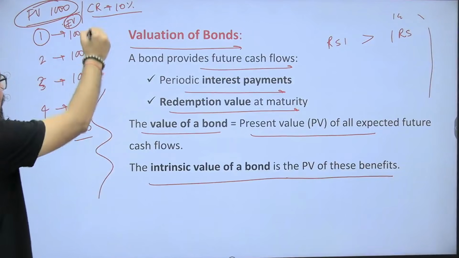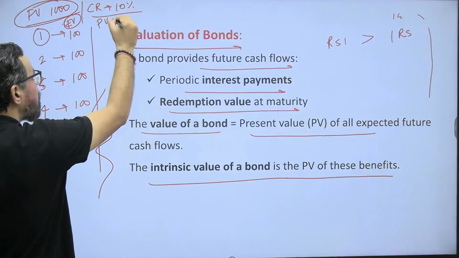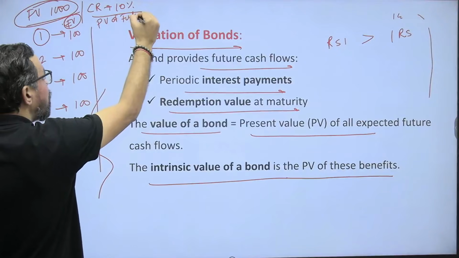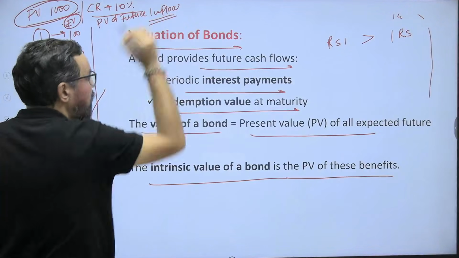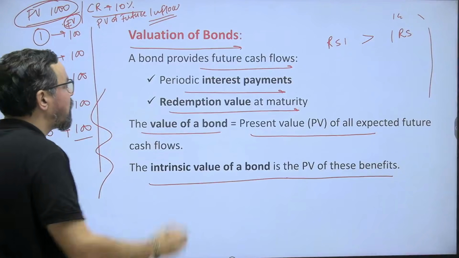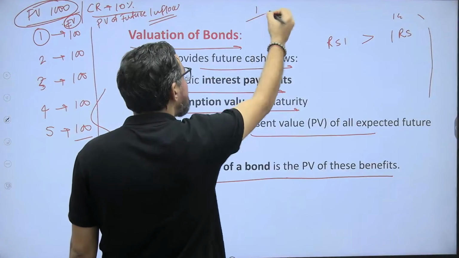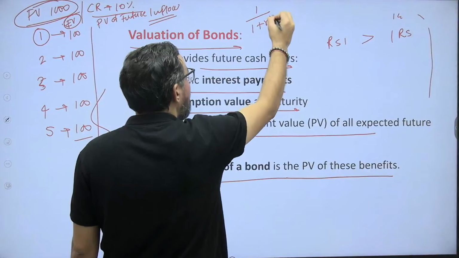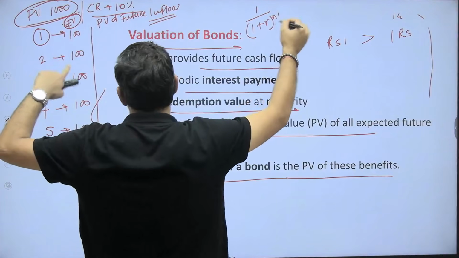So what you have to do is calculate the present value of these future inflows. How will you calculate that? In the case of a bond, it is the interest divided by 1 plus r to the power n, where in the first year it is 1, in the second year it is 2, then 3, 4, 5.